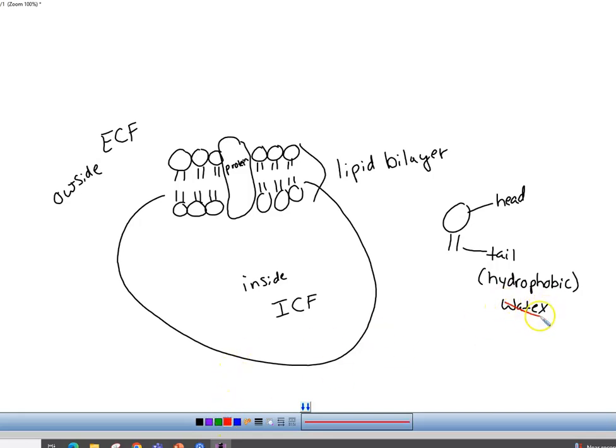The head is called hydrophilic. Hydro means water, and philic means to like. So this loves water. Hates water, loves water. And they'll turn in that direction in order to stay away from the water. That's an important characteristic of the lipid bilayer. All right, I'll see you in the next video, and we'll go over the nucleus.